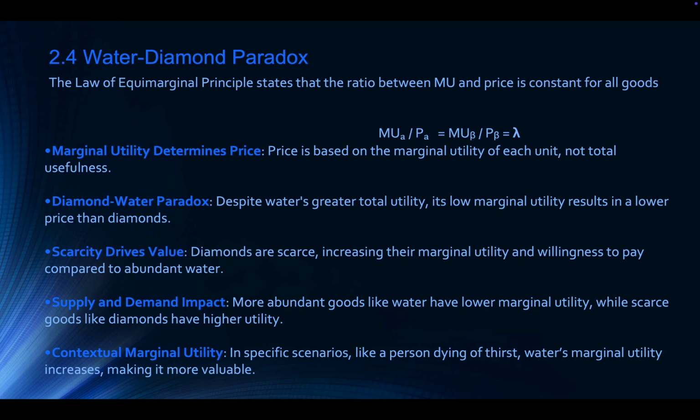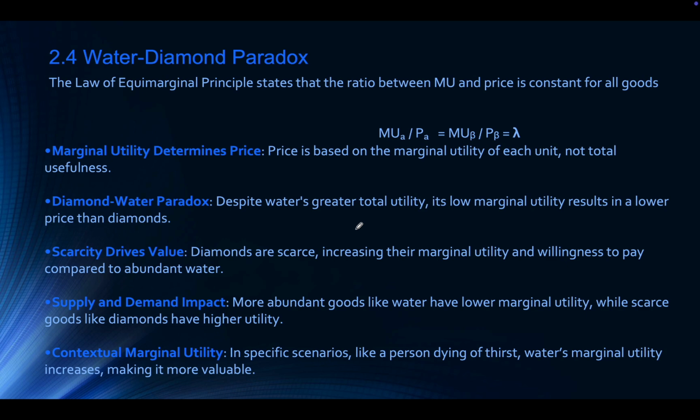Now we come to the water diamond paradox. So, what is the water diamond paradox? The paradox of value explains why necessities like water are inexpensive while luxury goods like diamonds are costly. Water is abundant, so its marginal utility is low, making its price low.